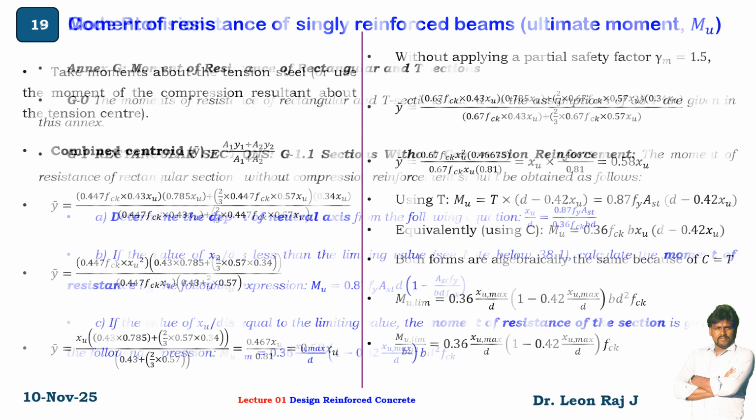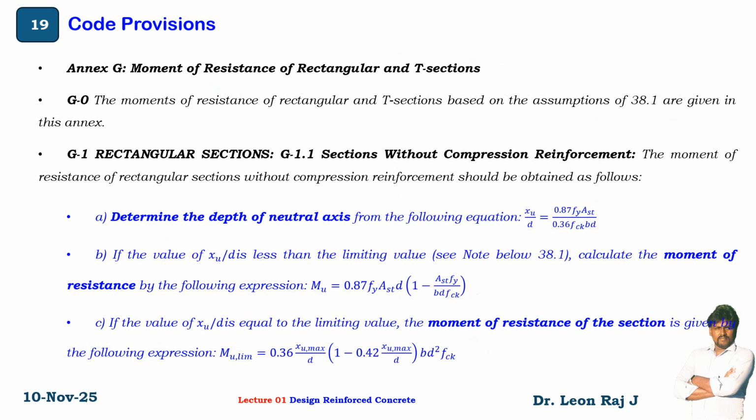Now we will see the codal provisions. Annexure G, that is moment of resistance of rectangular and T sections. For rectangular sections, the depth of neutral axis is XU by D equal to 0.87 fy ast divided by 0.36 fck B into D, and the moment of resistance Mu equals 0.87 fy ast into D into 1 minus ast fy divided by B D fck.